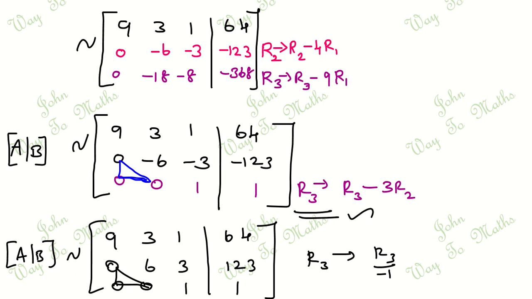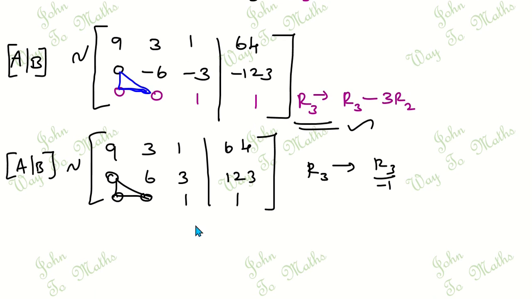So the given augmented matrix easily gives the row echelon form.